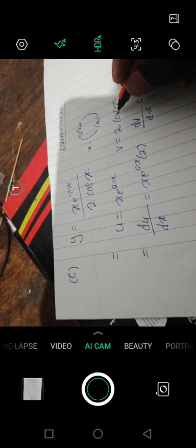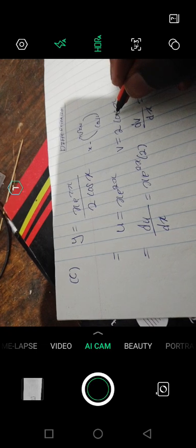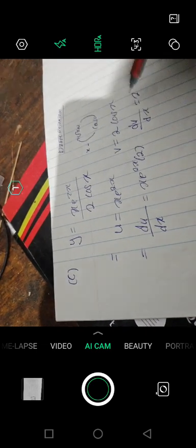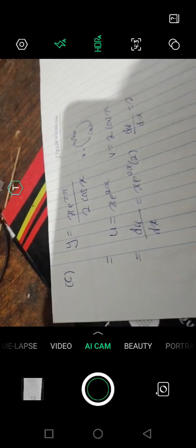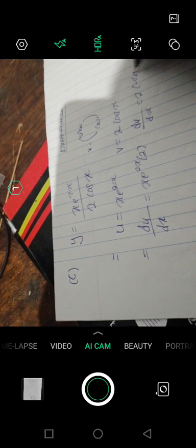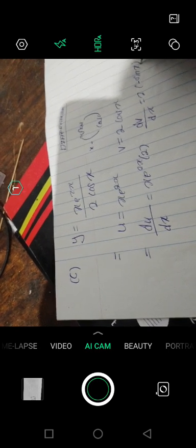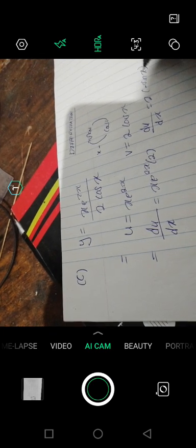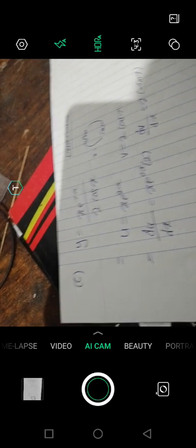We know cos changes into negative sine, right? So I'm going to put negative sine here, x. I can also find the derivative of this x, which is 1, and multiply with 2, so it just remains 2 like that.